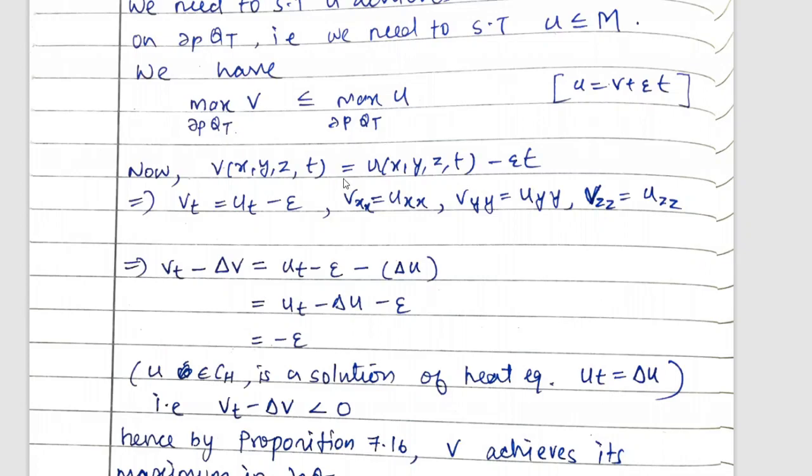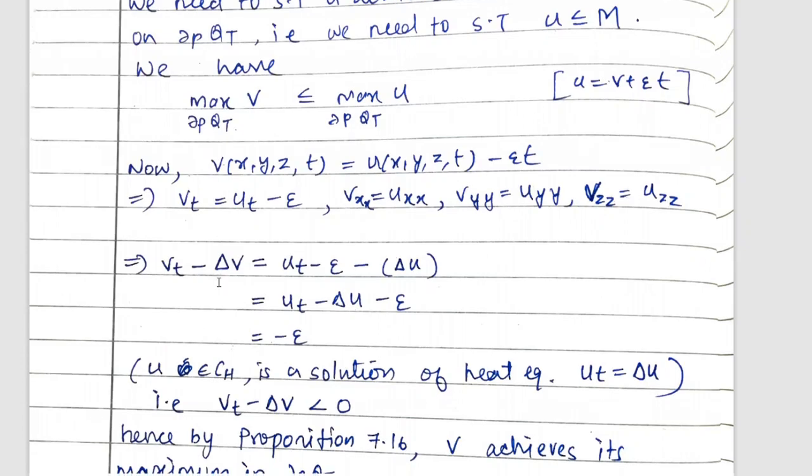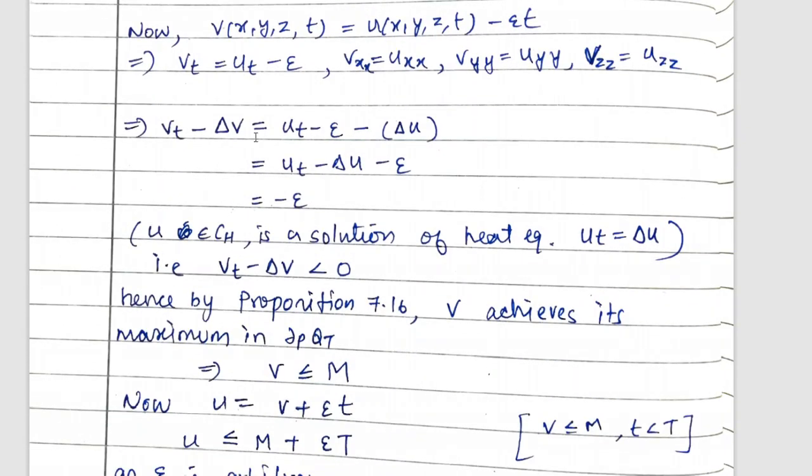Now from here we have V equals U minus epsilon t. So Vt is Ut minus epsilon, Vxx is Uxx, Vyy is Uyy, Vzz is Uzz. So let us see what Vt minus delta V is. Vt minus delta V is Ut minus delta U minus epsilon.